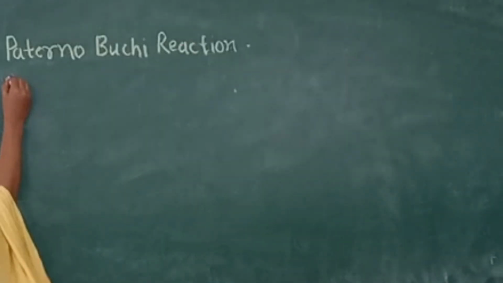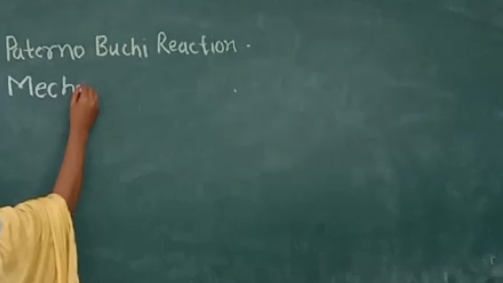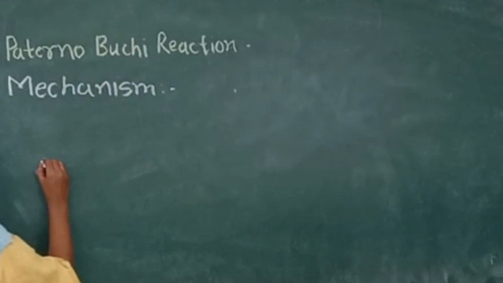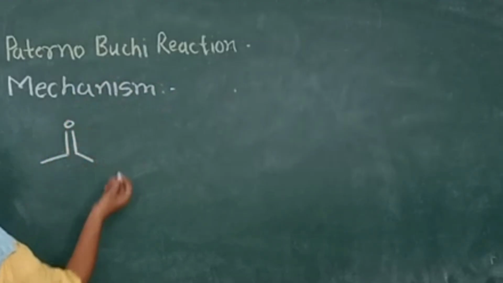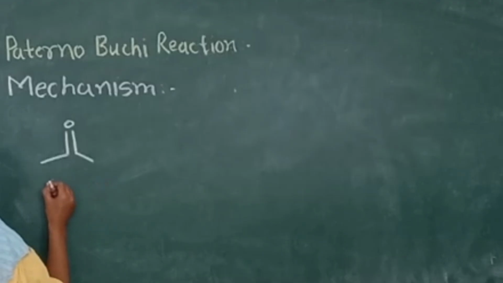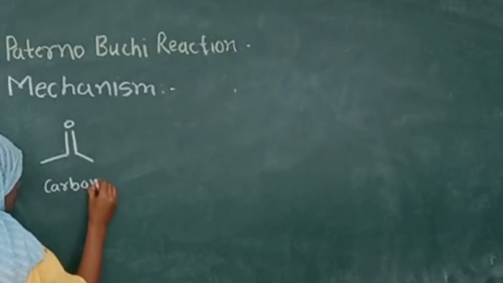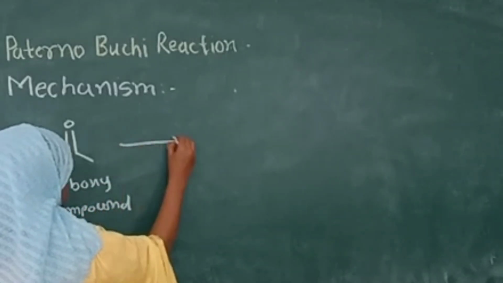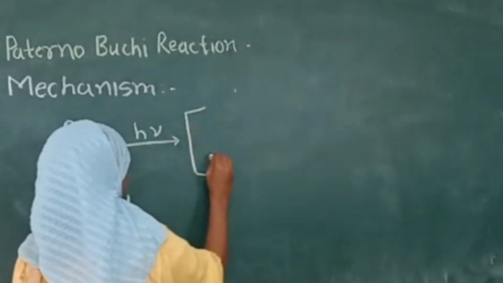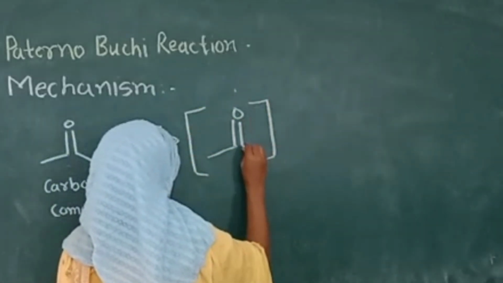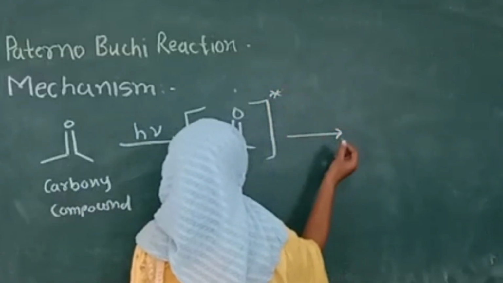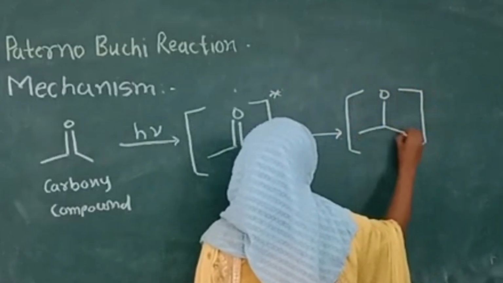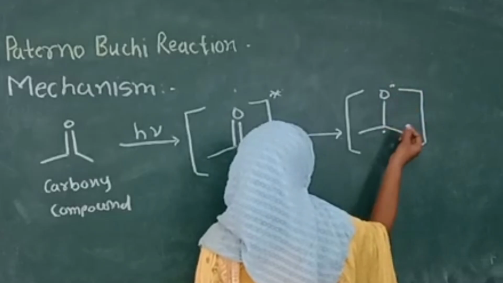Let's see the mechanism. We know that our carbonyl compound undergoes photolysis after absorbing light. It goes to the singlet excited state, homolytic cleavage, and formation of a diradical species.